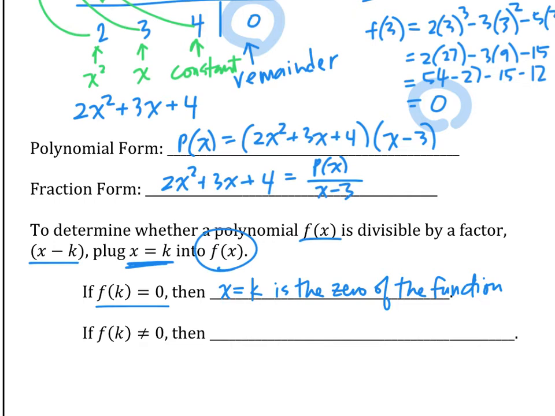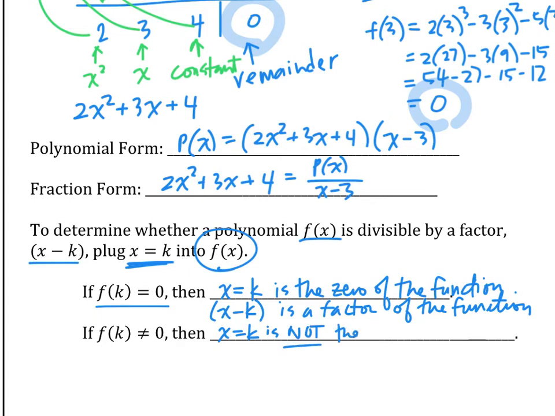But x equals k is the 0 of the function. Or we can also say x minus k is a factor of the function. So 0 and factor are related. If that number is not 0, then we would say that x equals k is not the 0 of the function because we didn't get a remainder of 0.